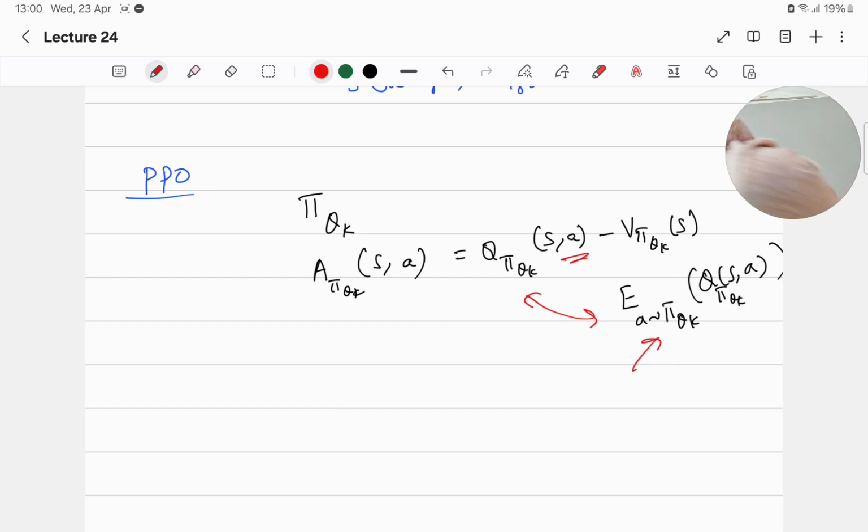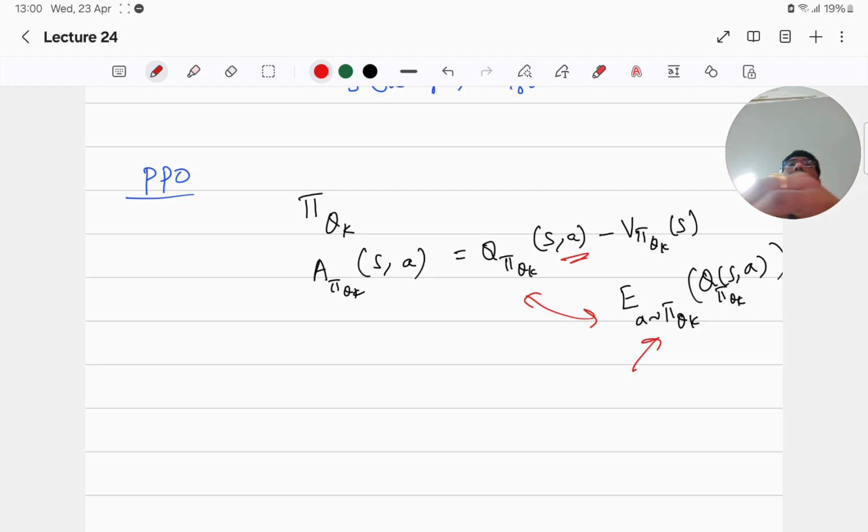So let's say you have some current policy pi theta k, and you somehow estimate this advantage function. We know how to estimate action value functions and value functions, right? We have seen some methods. In DQN we are estimating the Q function: you just parameterize the Q function and do gradient descent on top of it.